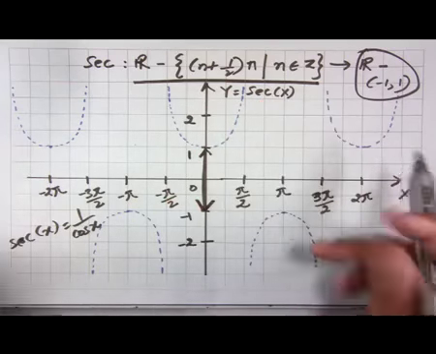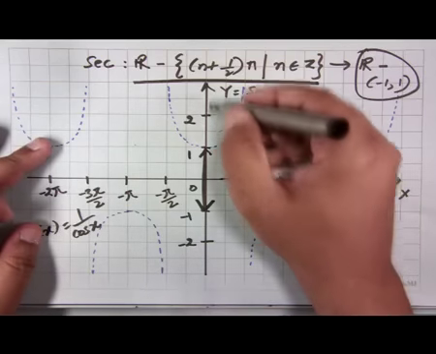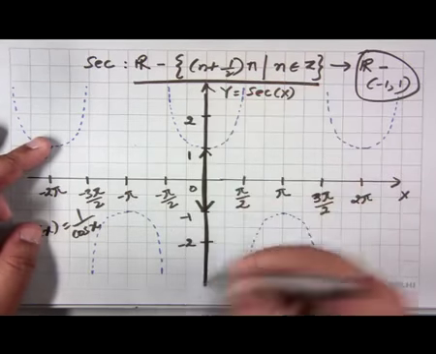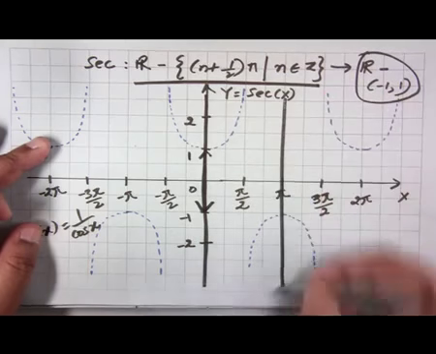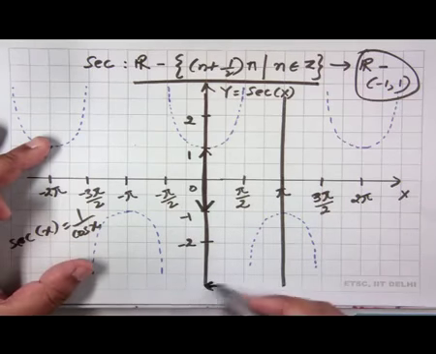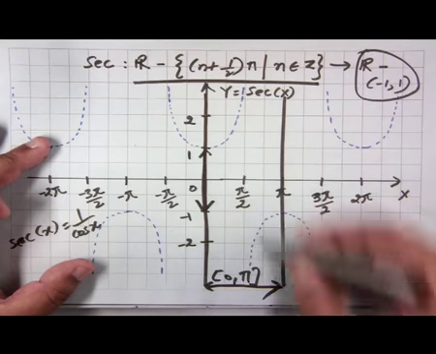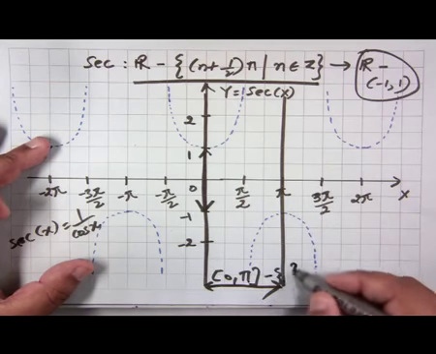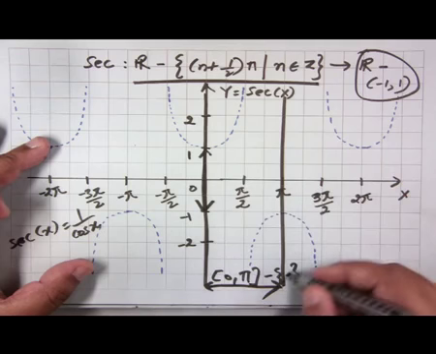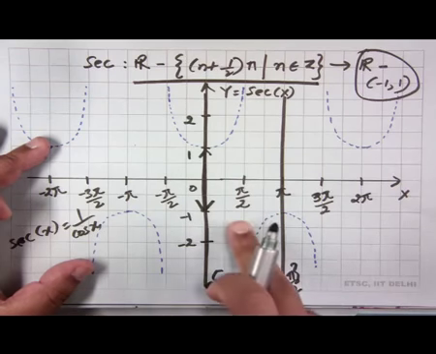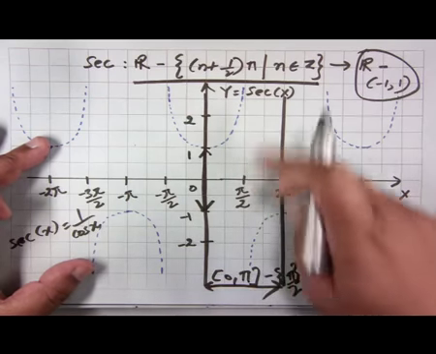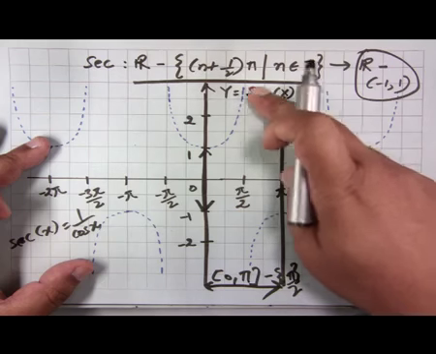So what we do is restrict the domain between 0 and pi. We take the restricted domain to be the closed interval 0 to pi, but as we can see, we should not have the point x equal to π/2, because at x equal to π/2 secant of x is unbounded, it is not well defined.